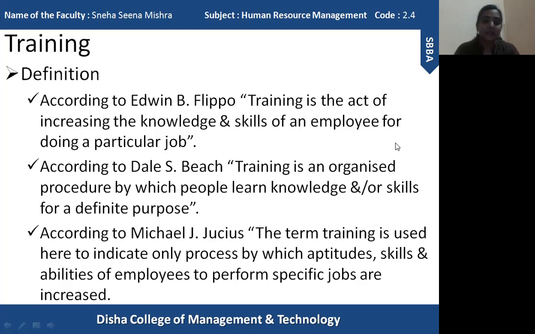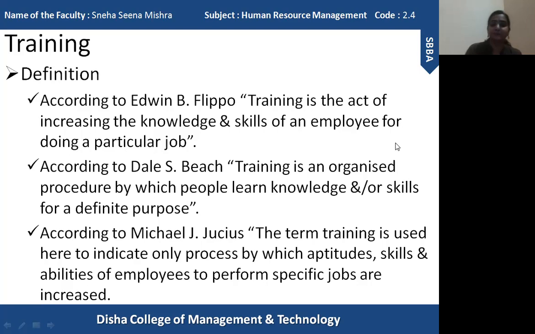Okay. The last definition is given by Michael J. Jucius. According to him, the term training is used here to indicate only the process by which aptitude, skills and abilities of the employees to perform a specific job are increased. So he has added another aspect of an employee, that is aptitude.